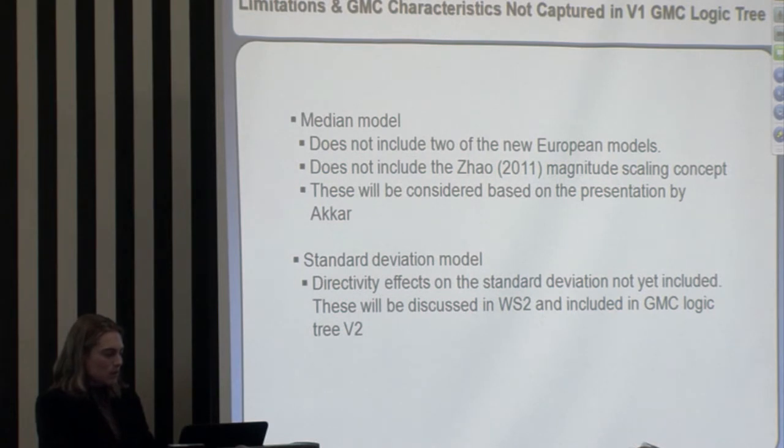In the median model, we haven't included the Zhao 2011 magnitude scaling concept. In terms of the standard deviation model, we haven't addressed directivity effects. So these haven't been included, and they're going to be discussed in this workshop. So I'll leave those there, and I'll take any questions if there are any.